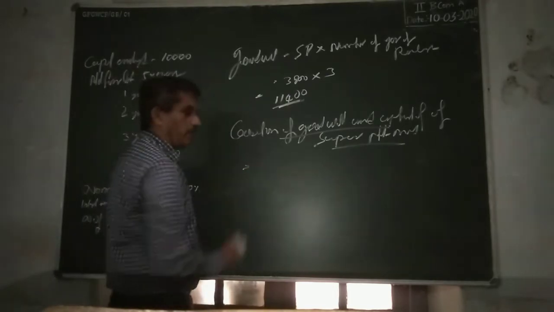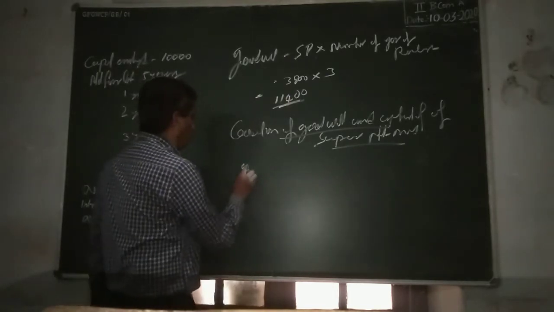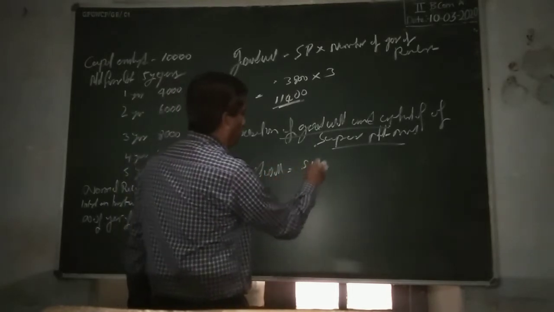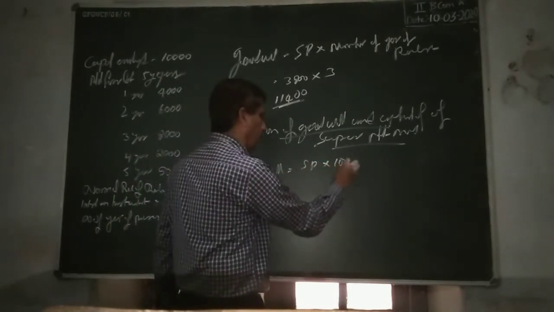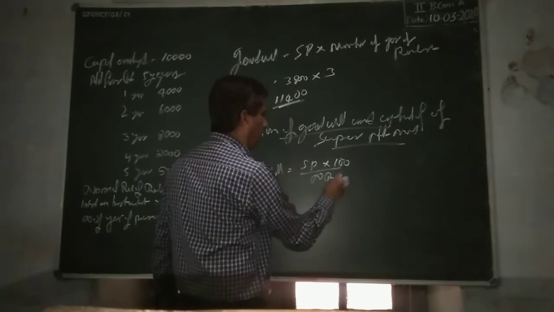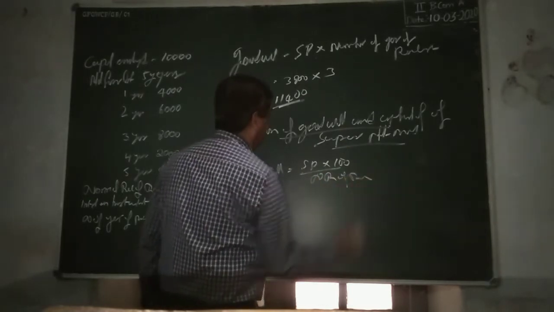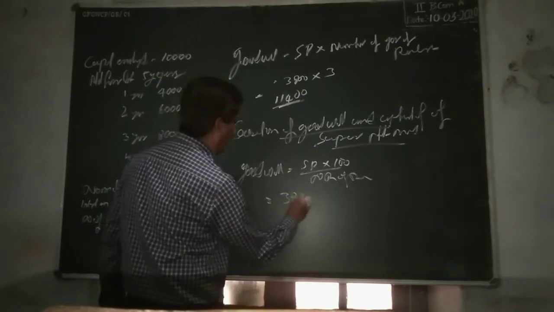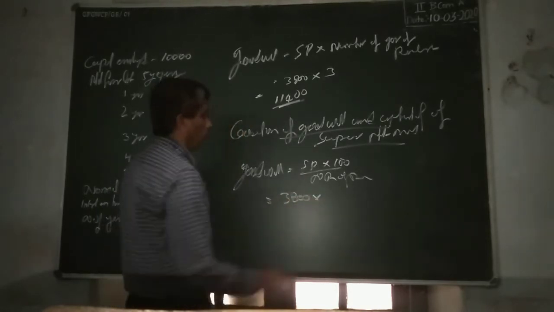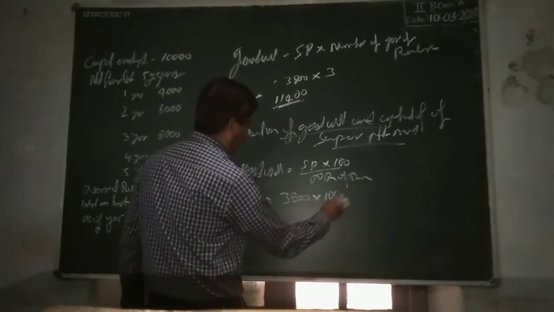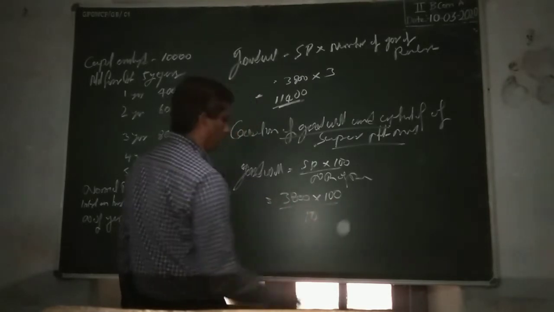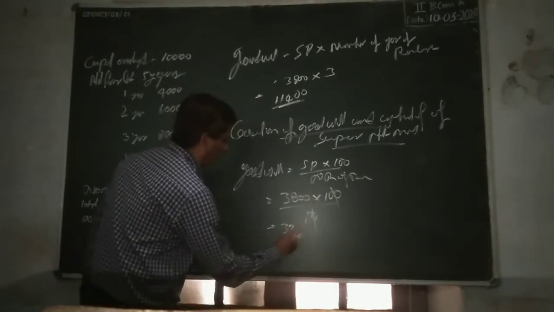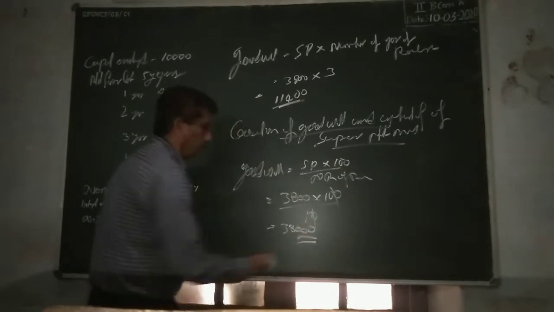Here you are supposed to apply the formula: goodwill is equal to super profit into 100 divided by normal rate of return. The super profit we found here is 3,800 into 100 divided by normal rate of return, which is 10. So goodwill is equal to 38,000.